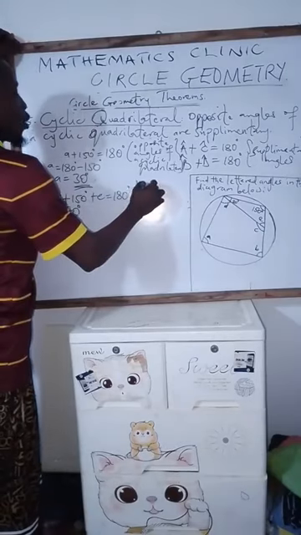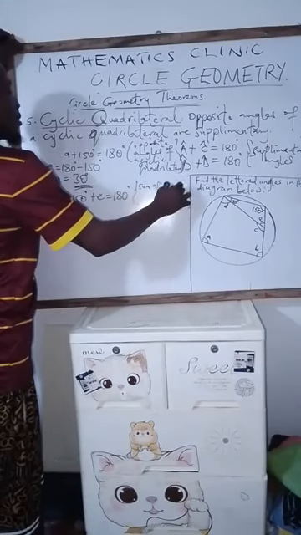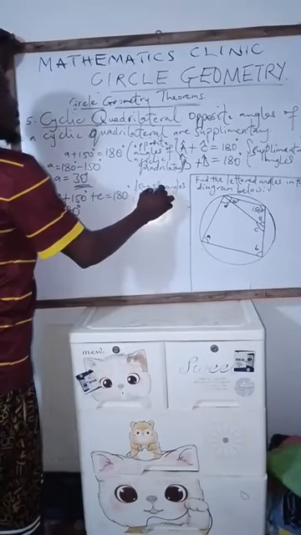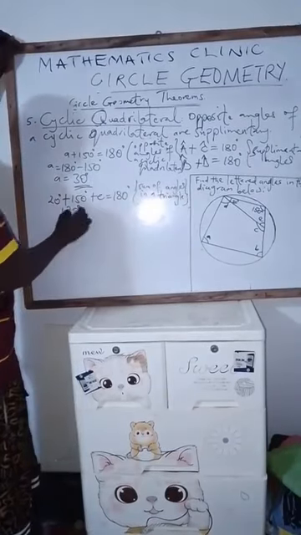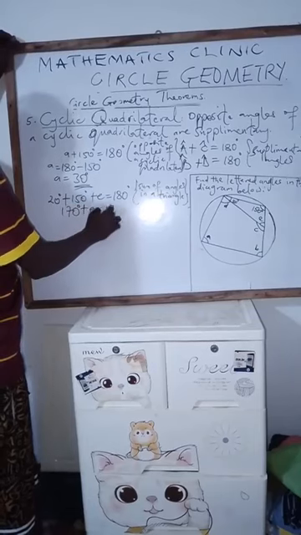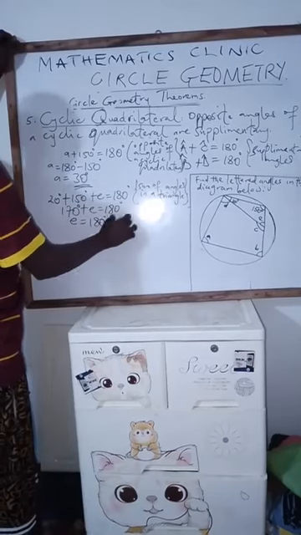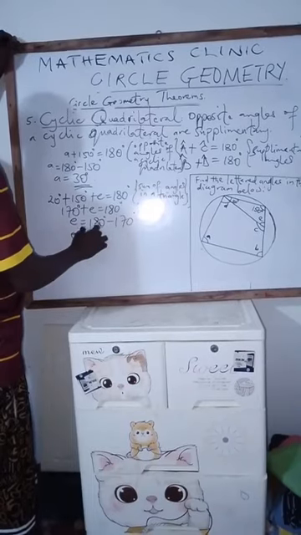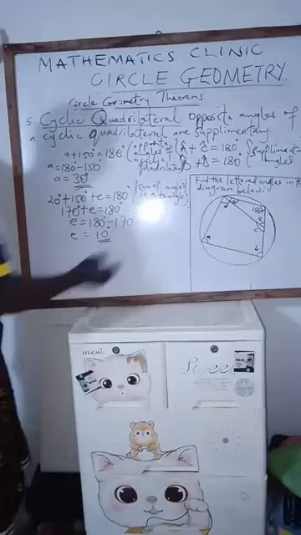Because they are the sum of angles in a triangle. So 170 plus E is equal to 180. E is 180 minus 170. E is 10 degrees.